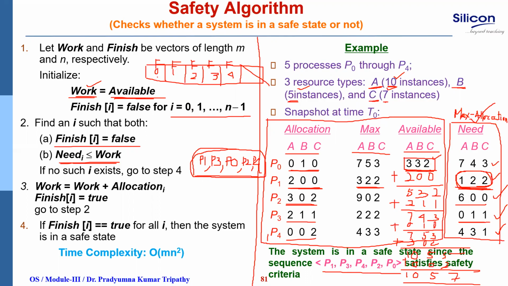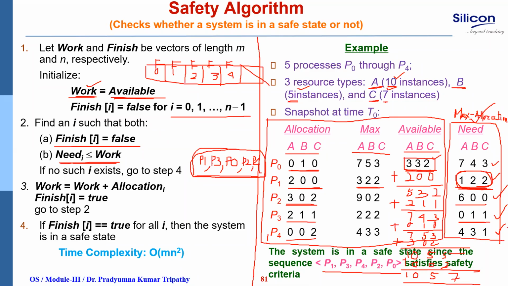Yes, and it is false. So that means I found a process. This is not the only process. P3 is also there, which is less than 332. I could have selected P3. So I will select any i whose finish is false and need is less than work.